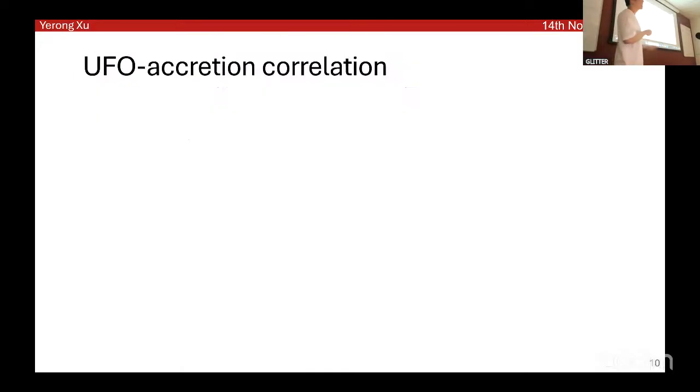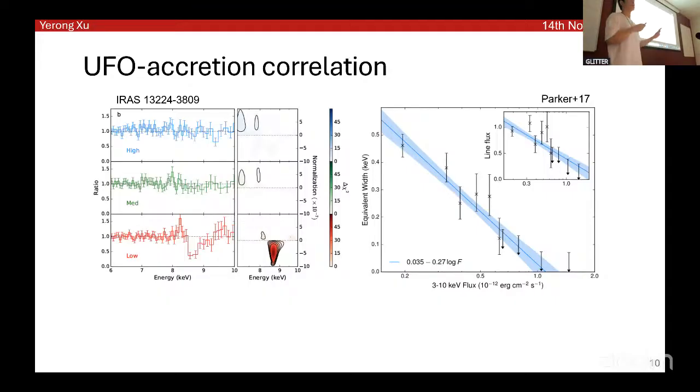Another interesting behavior about UFOs is their correlations with the accretion, because due to their relativistic velocities, we would expect UFOs to be launched from the accretion disk. So they may have some correlations with the accretion flows around supermassive black holes. In 2017, Michael Parker discovered a very distinct anti-correlation between the UFO absorption line intensity and the hard X-ray flux.